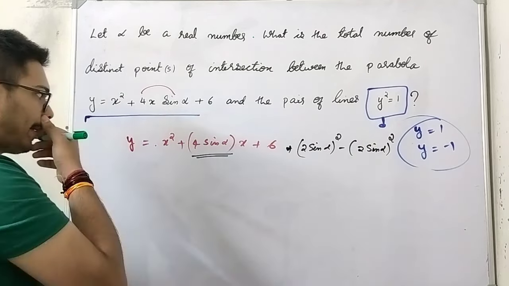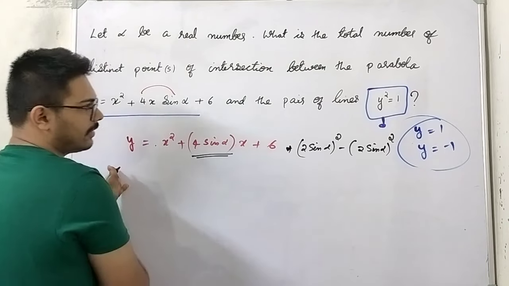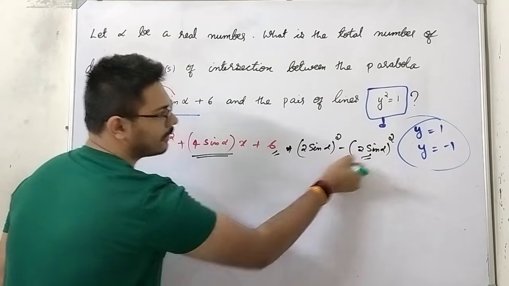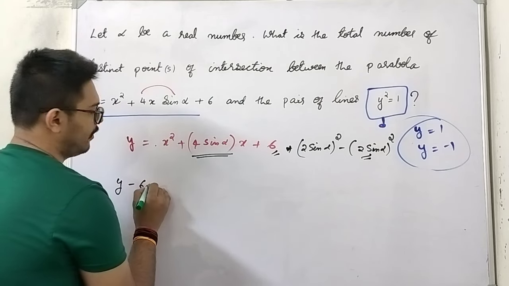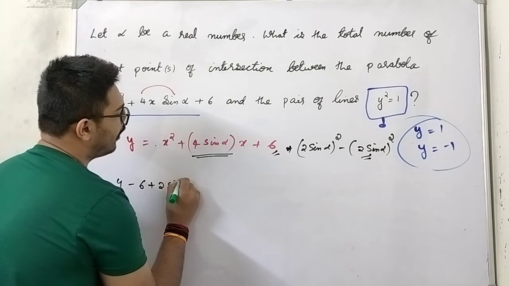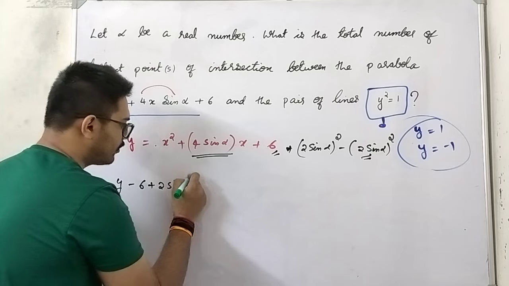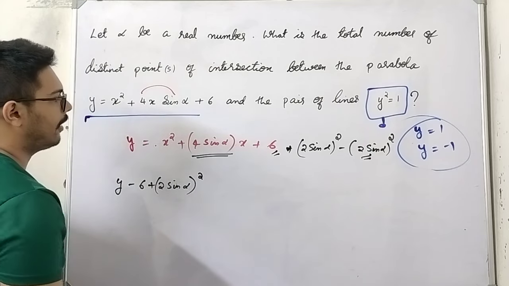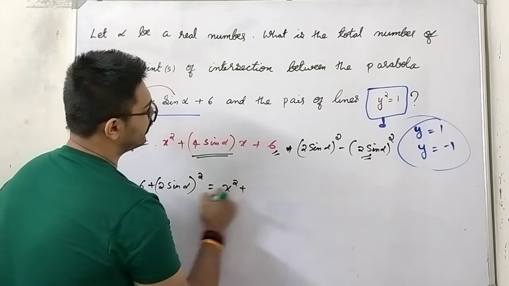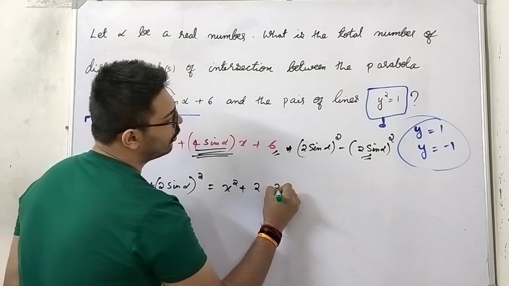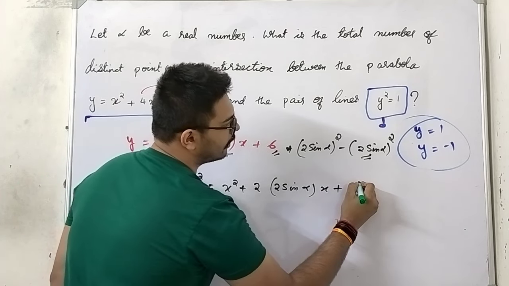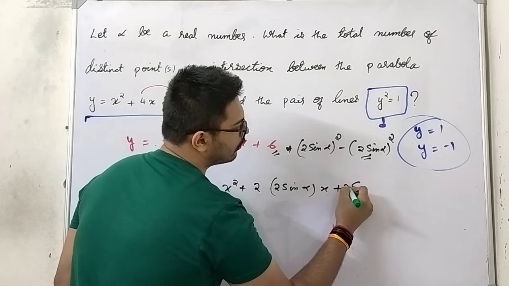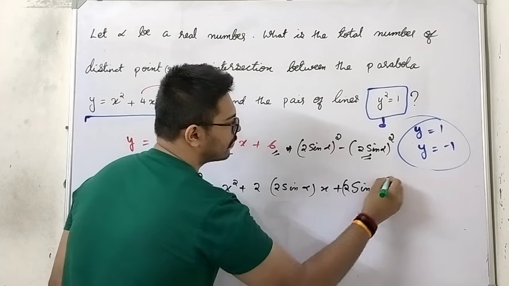Now I am taking these two values to this side. So y minus 6 plus (2 sine alpha) the whole square is equal to x square plus 2 into 2 sine alpha into x plus (2 sine alpha) the whole square.